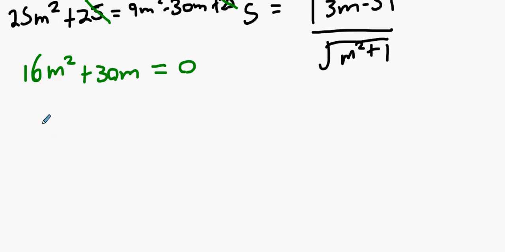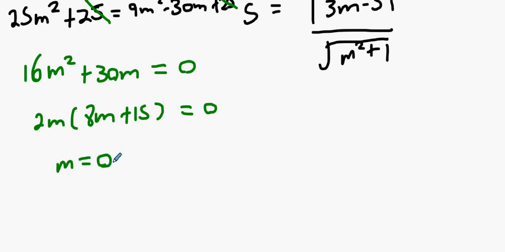Anybody? 2m, is it? 2m into 8m plus 15 equals 0. Okay, then what? m equals 0 or 8m equals minus 15, and m equals minus 15 over 8.